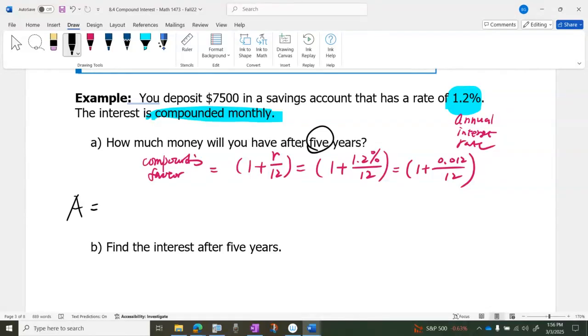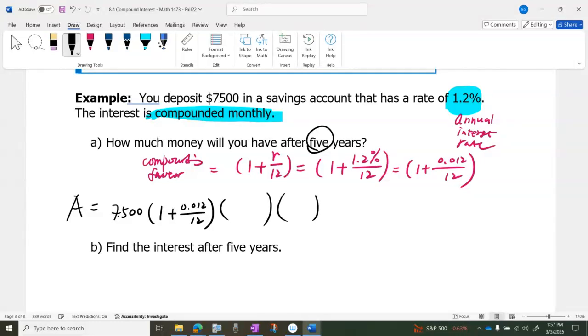Originally, how much money did you put in? $7,500, right? Yeah, $7,500. And by months, after 1 month, your interest compounded the very first time. So you multiply by the compounding factor once, 0.012 over 12. After another month, you're going to do that again.